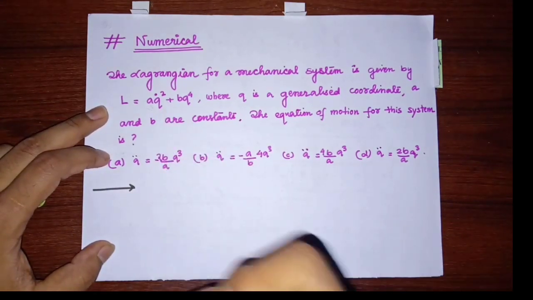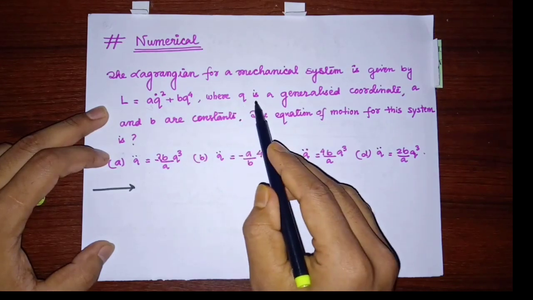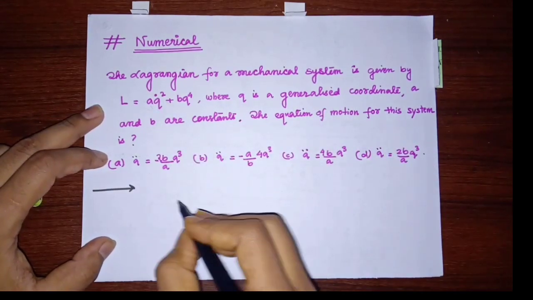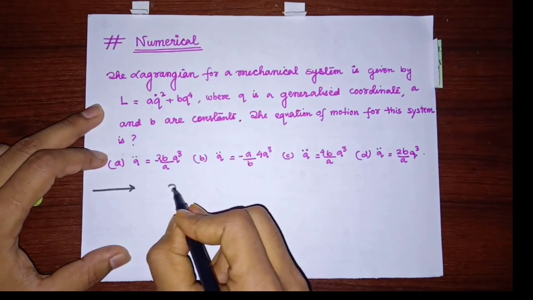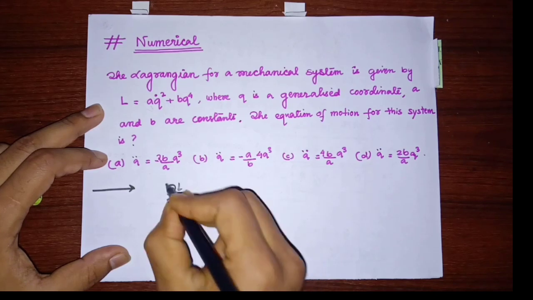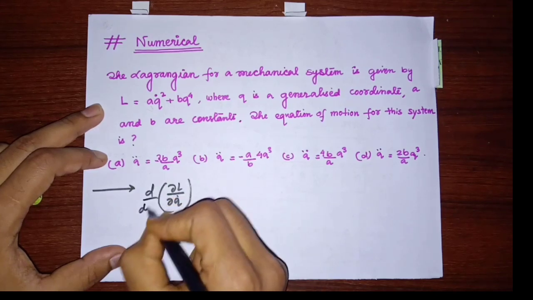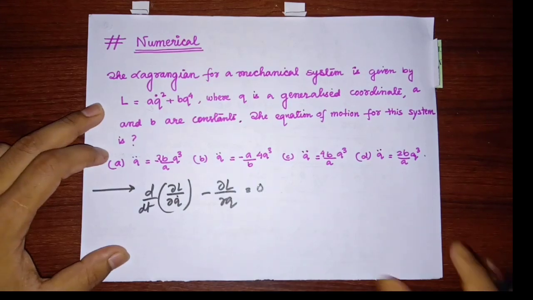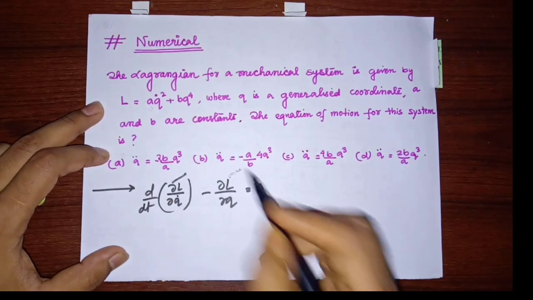So first you have to determine the generalized coordinate. The generalized coordinate is also given, q is the generalized coordinate, then q dot is also a generalized coordinate. So what was the formula? This was the formula. You need to find this one and this one.